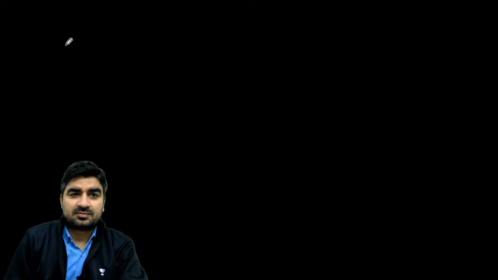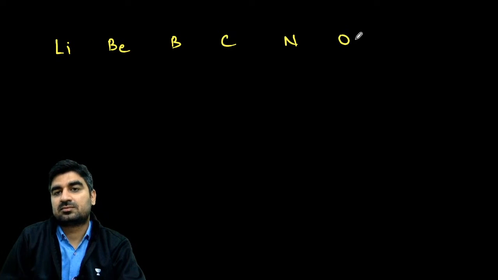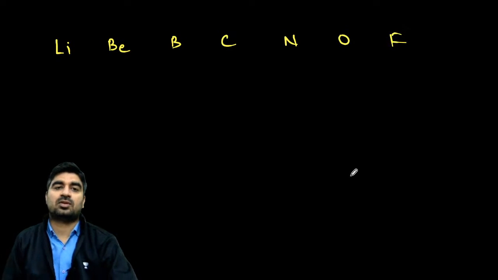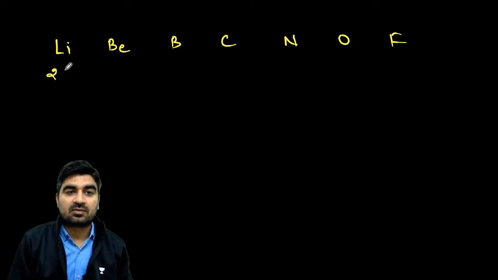Suppose I am writing lithium, beryllium, boron, carbon, nitrogen, fluorine. What is the configuration? It will be 2s1.